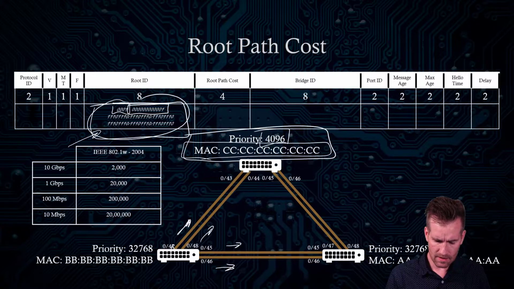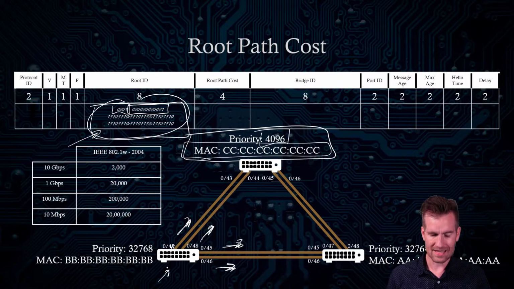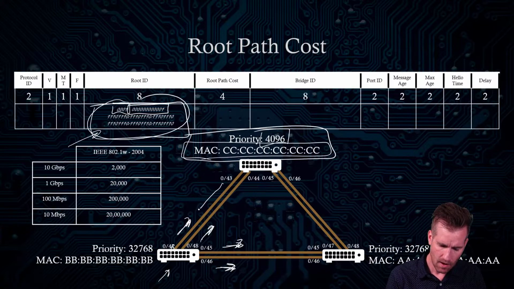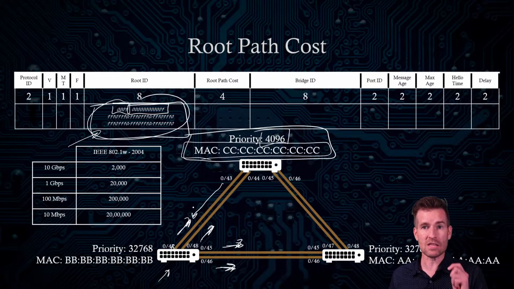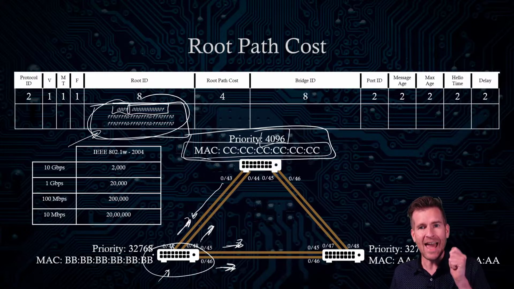So that's what's going to be sent out at this point in the bridge protocol data units. All right, so next switch 2 needs to determine the cost of each of these paths. What it will do is take whatever BPDUs are coming into switch 2, and then add the cost of the interface.